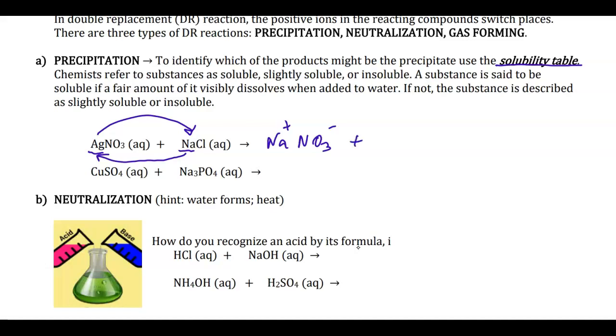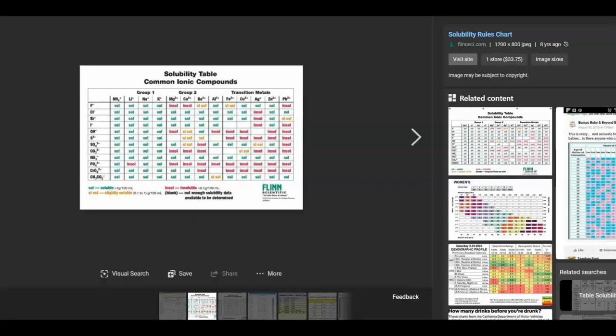And AgCl, so silver chloride, plus and minus, so according to the solubility table. And take a look at the solubility table, and you will see that.